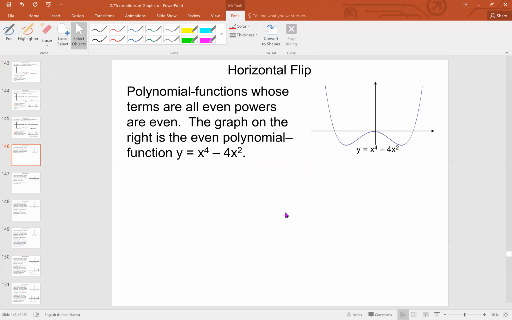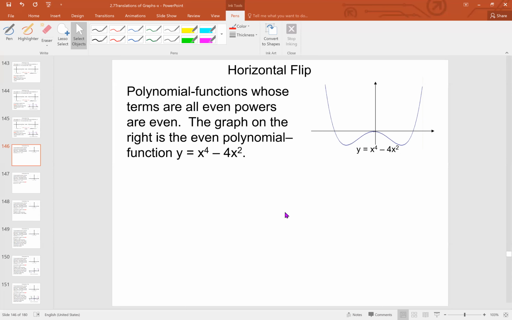Why? Because if I'm putting in minus x and plus x, I get exactly the same formula. Okay, because the even powers make the minus sign disappear. So in other words, the graph is going to be symmetric left and right. Putting in minus x or plus x, the same y comes out.